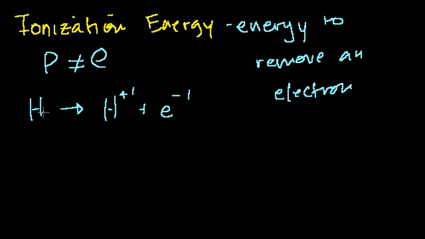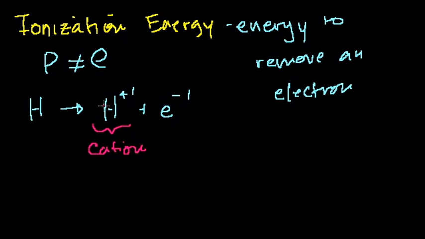And now what we have done in this procedure, or this reaction, is we've ionized hydrogen. We've removed an electron, and this type of ion, where your protons are greater than your electrons, and this is just a nice word to know, is called a cation. A cation is an ion with a positive charge.